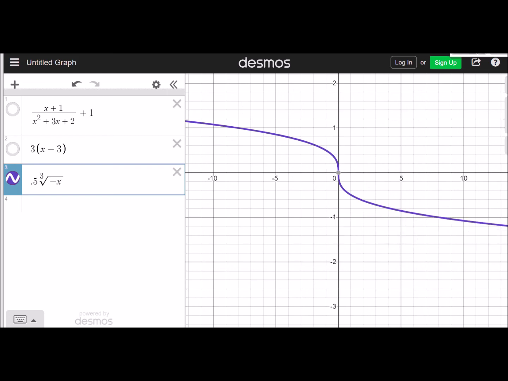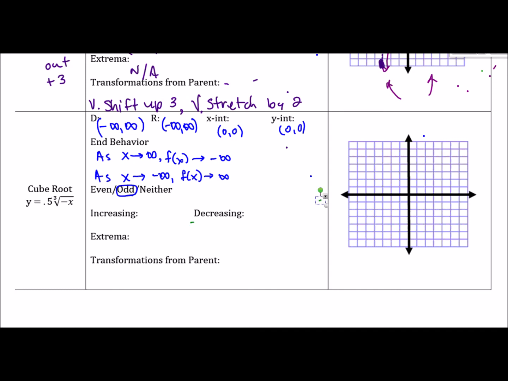No, it looks like it's always decreasing. So we're only ever decreasing. That's going to be in terms of the x's, negative infinity to infinity, and it is never increasing. So for extrema, that means that there are no extrema because it never goes from increasing to decreasing or vice versa.